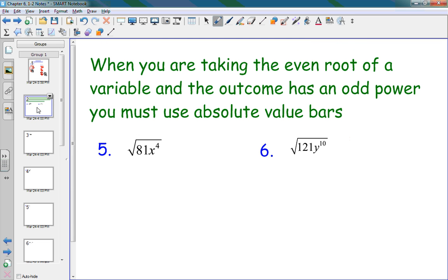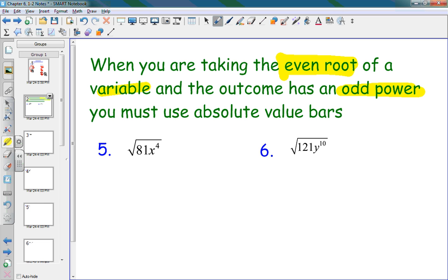Okay, you'll need to write this down on a sheet of paper. Now, it says when you are taking the even root, which is important here, of a variable, a variable is also important, and the outcome has an odd power.